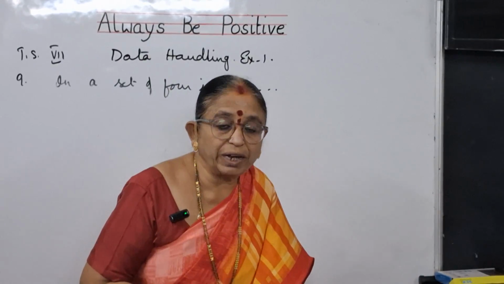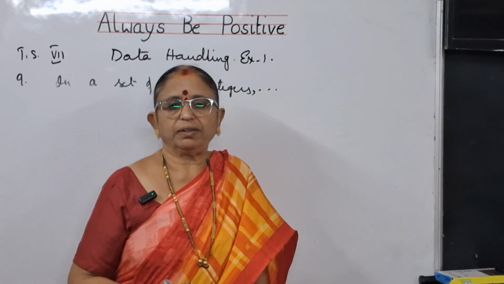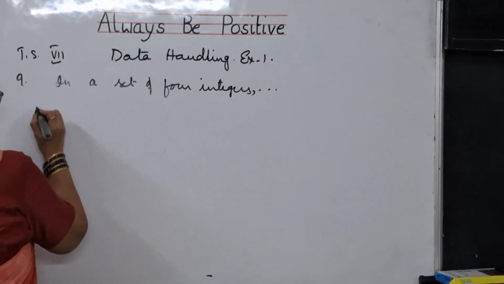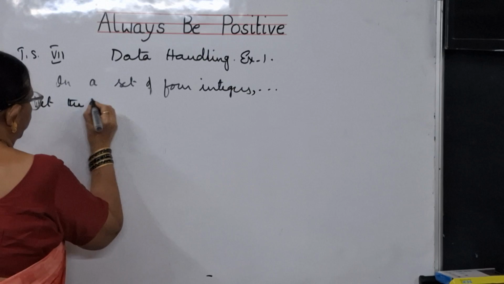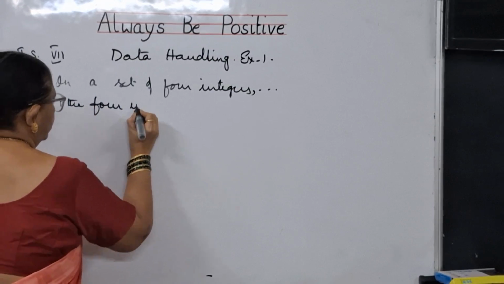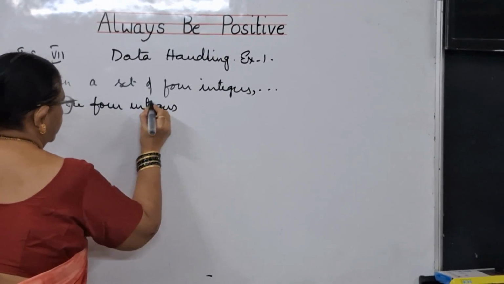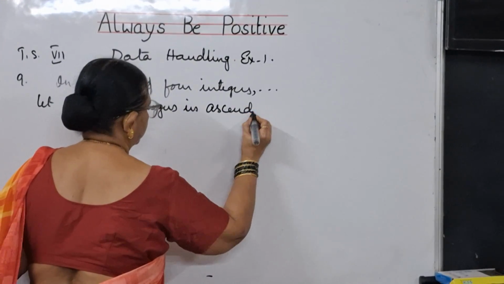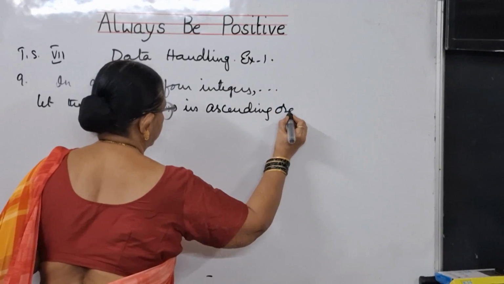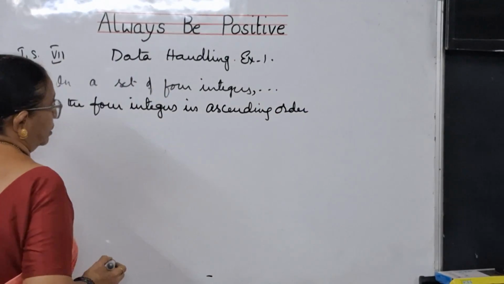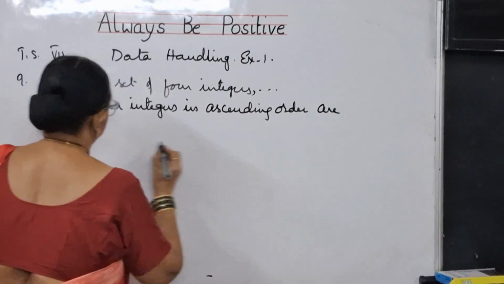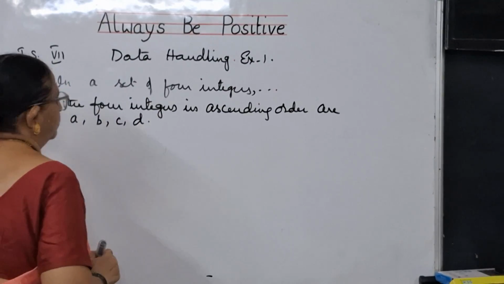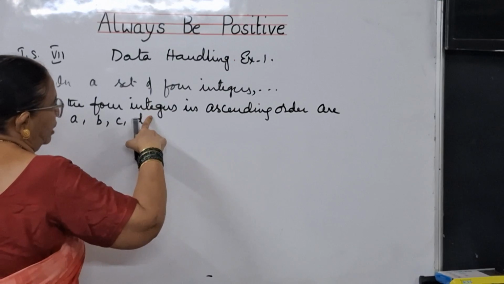Since we don't know any of the values, we consider them as A, B, C, D. Let the 4 integers in ascending order, because order is very important, be A, B, C, D. That means the least value is this, the greatest value is this.